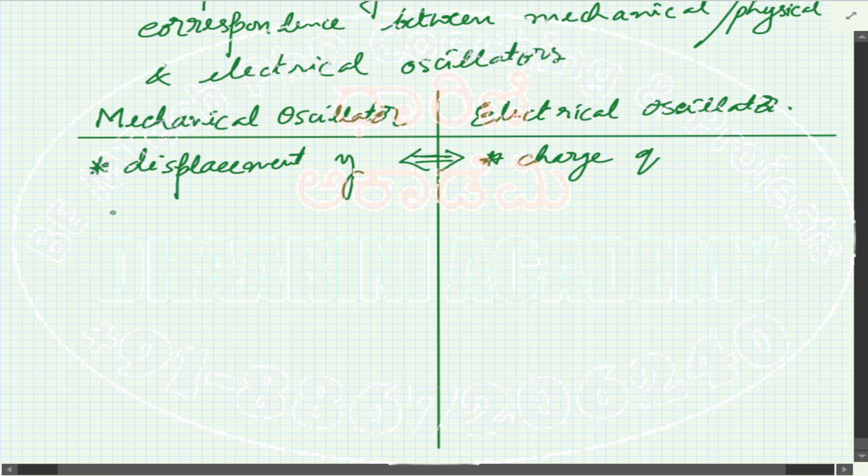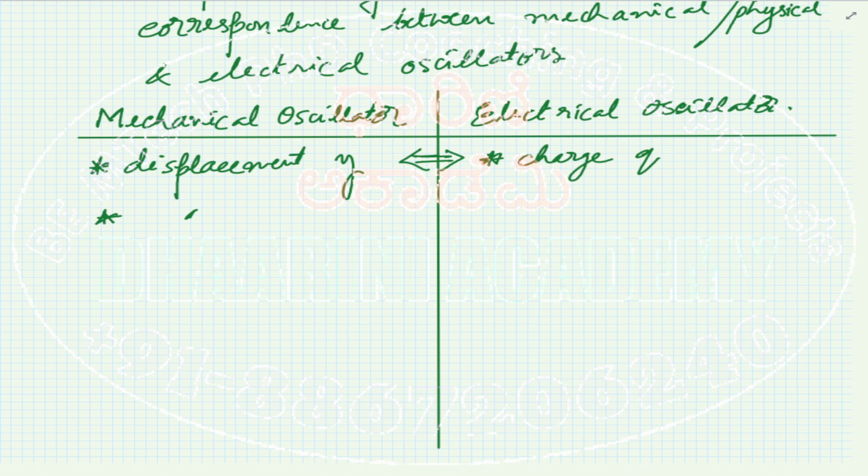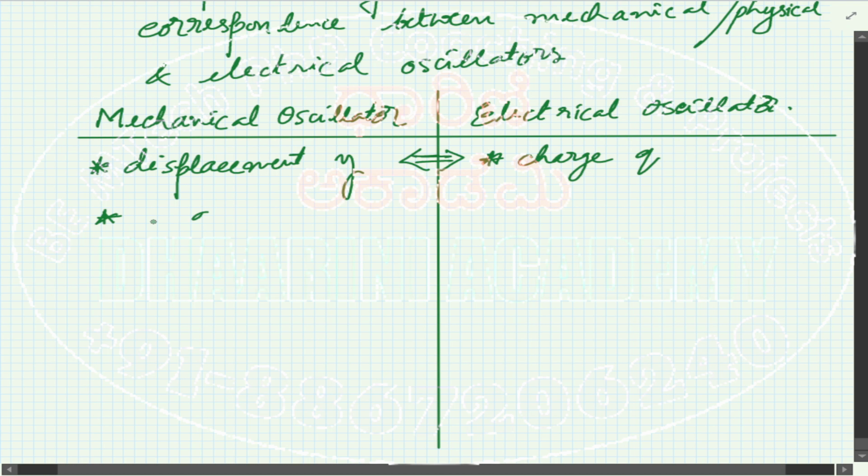And the second quantity which we can say is equivalent: on the left hand side, in a mechanical system, this is the mass of an object denoted by m, and equivalently on the other side, this is inductance, capital L.